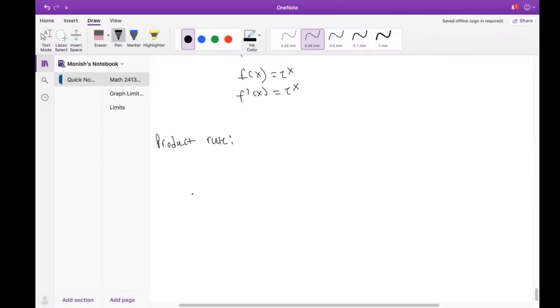Instead of just rewriting it, I'm going to give a straight example. Okay, so how would I find, using the product rule, the derivative of this expression?